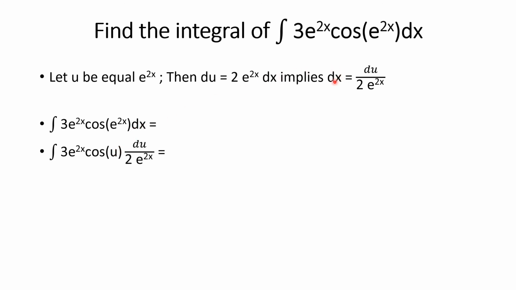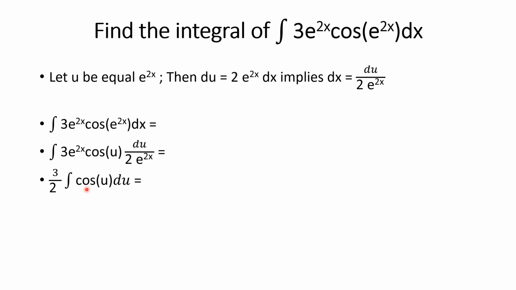We know that dx is equal to du divided by 2 times e to the 2x. So we replace it here, du divided by e to the 2x. So e to the 2x cancels e to the 2x, and we'll have 3 divided by 2. We'll take it outside of the integration, and that's what we have, 3 over 2, and then integration of cosine u du, neat and clean.